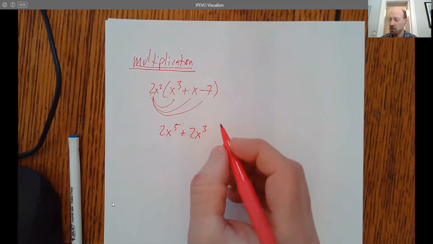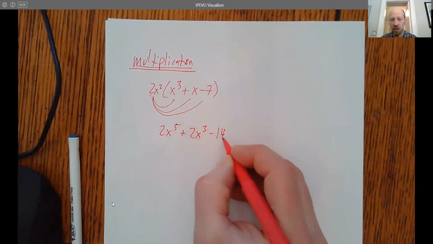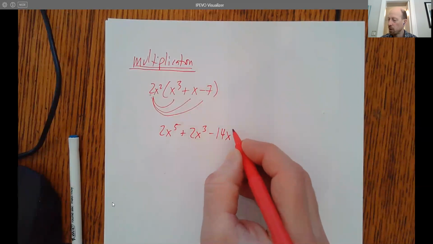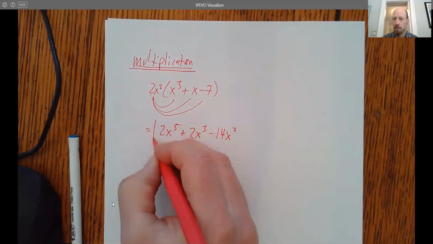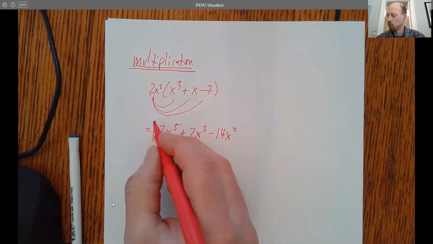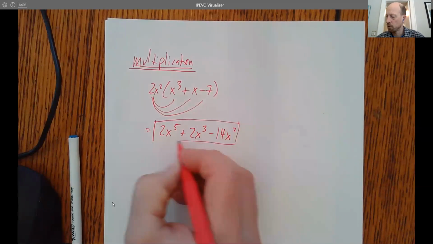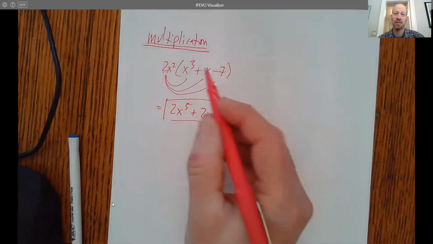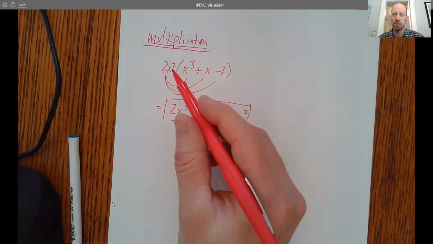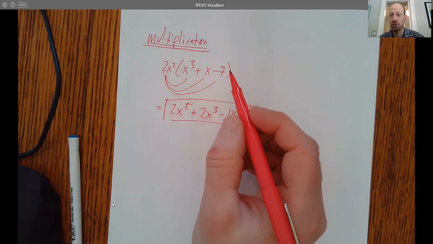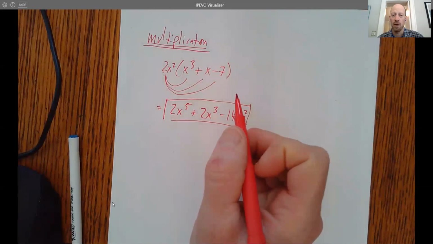Right? And minus 7 times 2x is minus 14x squared. So there's our answer that we're looking for. So that's a monomial, or a single term, multiplied by a trinomial, or those 3 terms.